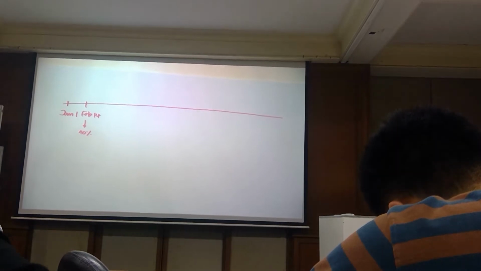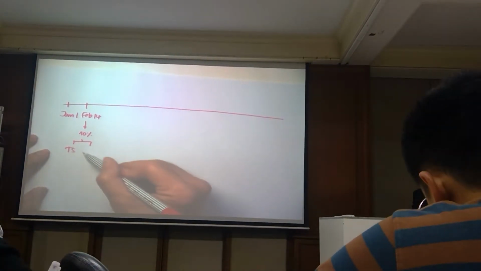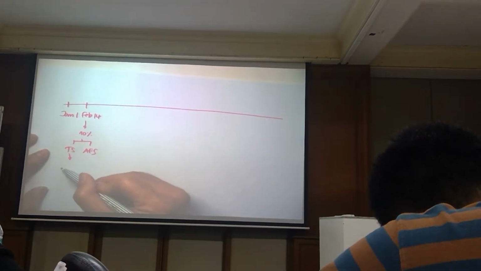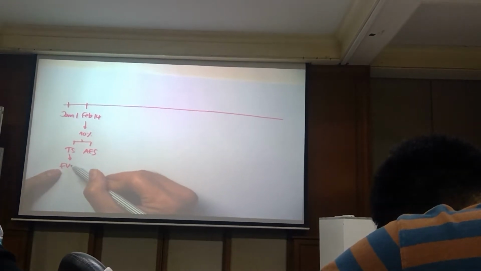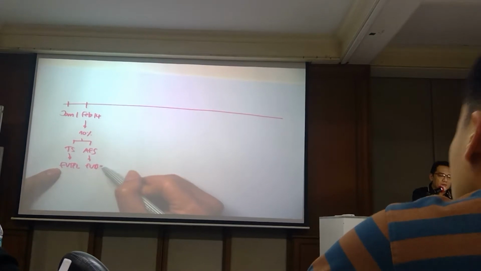I'm going to ask you, should we treat it as trading or available for sale? From IFRS 9, it's going to be fair value to PL. This is fair value to OCI, right?